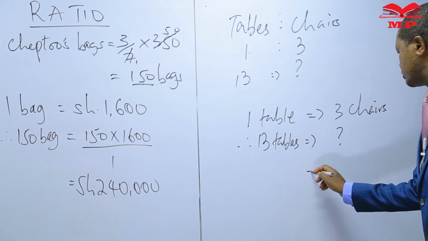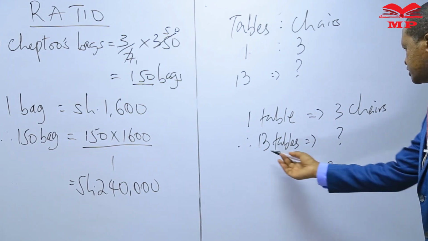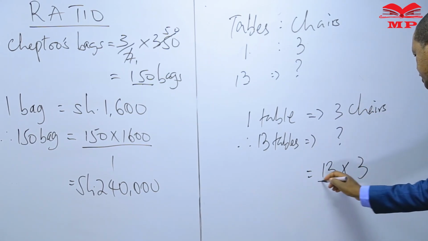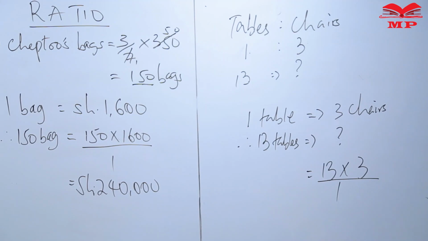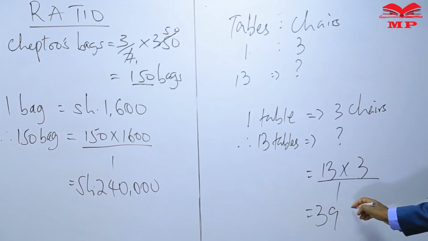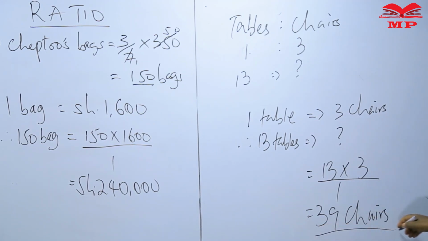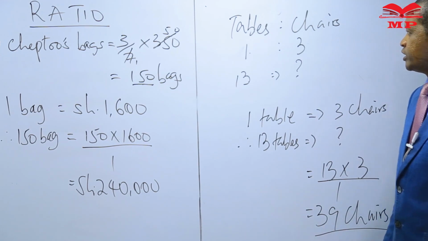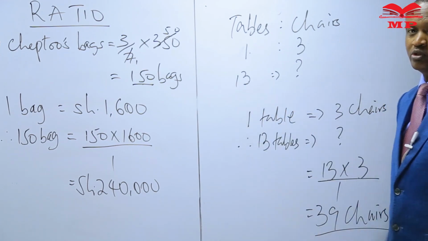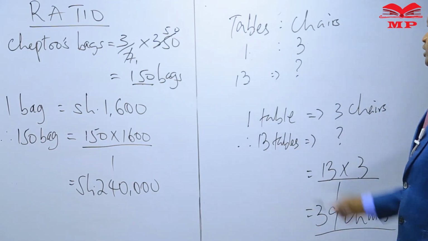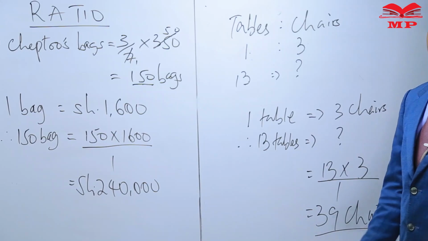This will be equal to 13 times 3 divided by 1, which is equal to 39 chairs. So that is the answer. When you have 13 tables, you'll have 39 chairs. If you have one table, you'll have 3 chairs in the restaurant.